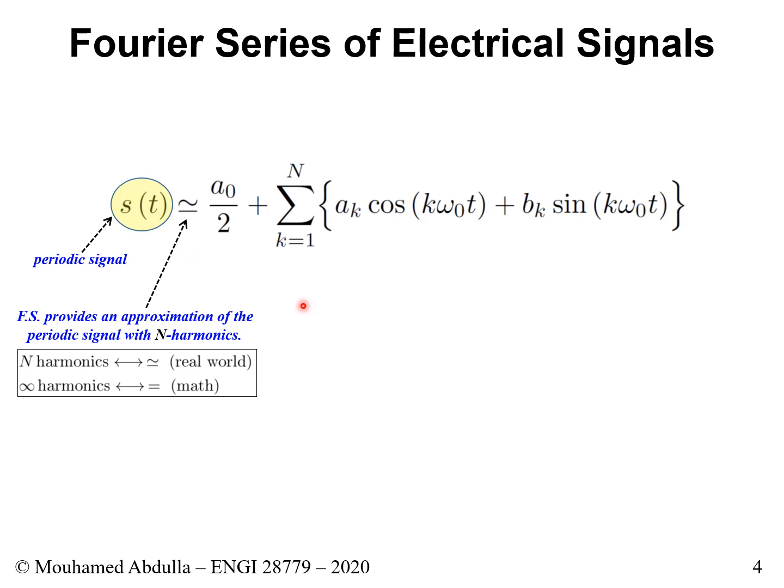Some approximations are better than others, so it depends. If you have bigger n in general, this should yield a better estimation. If you have a smaller n, let's say 1 or 2, the approximation will be so-so. It's not the best, right? But if you have bigger n, more harmonics, you will get a better approximation of your signal. And we'll show you visually what this means later on in the next slides.